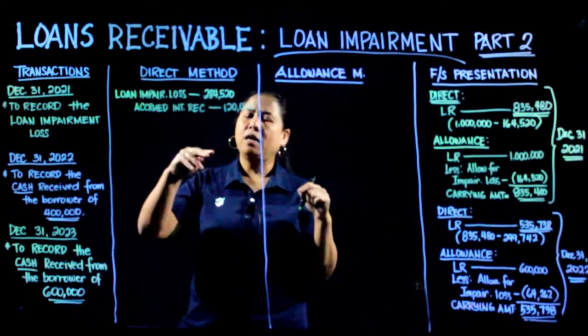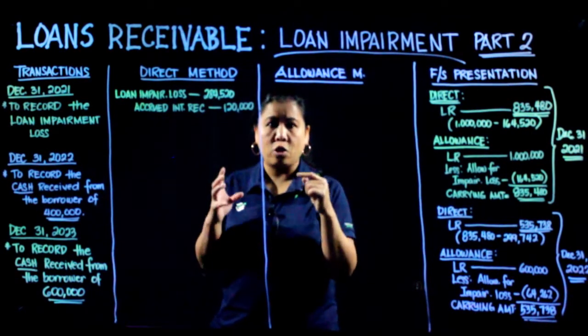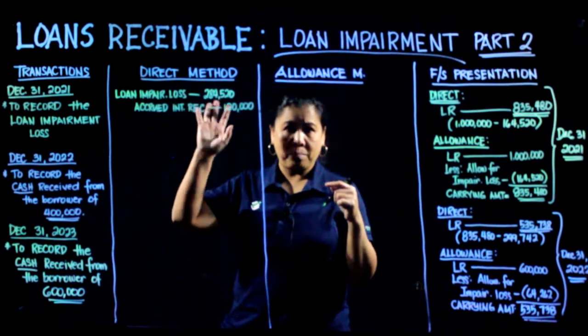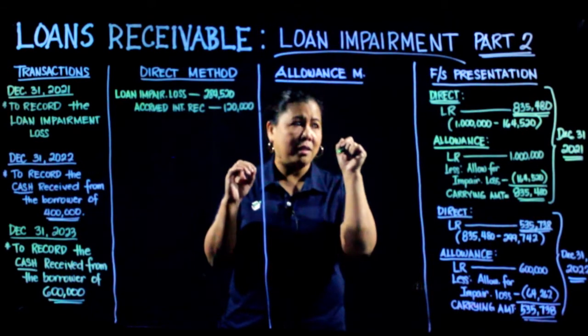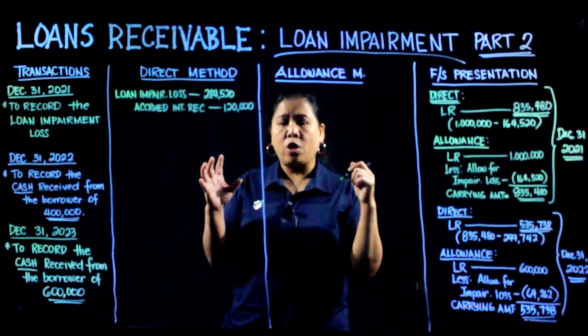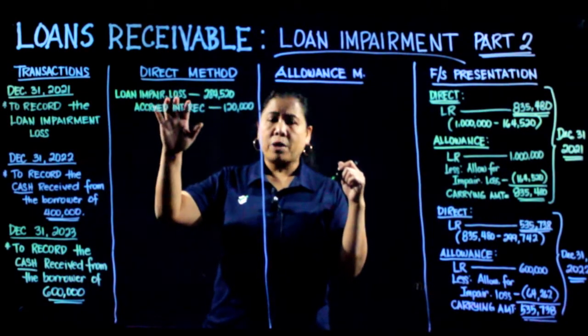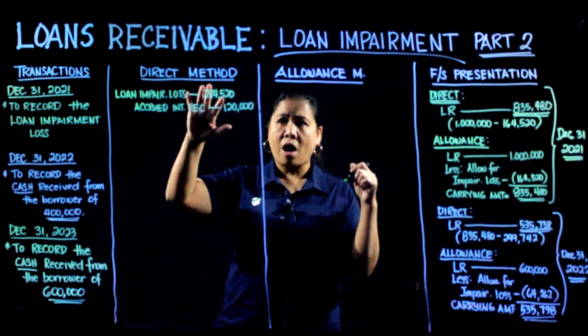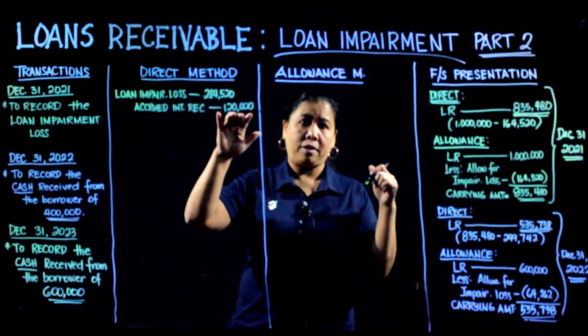Then, the rest is credited to your loans receivable. Bakit sa loans receivable? Kasi direct method ito. So, sa direct method, directly inaalis na natin sa ating loans receivable. Alright? So, we credit our loans receivable of the difference between this loan impairment loss na 284,520 minus your 120,000.